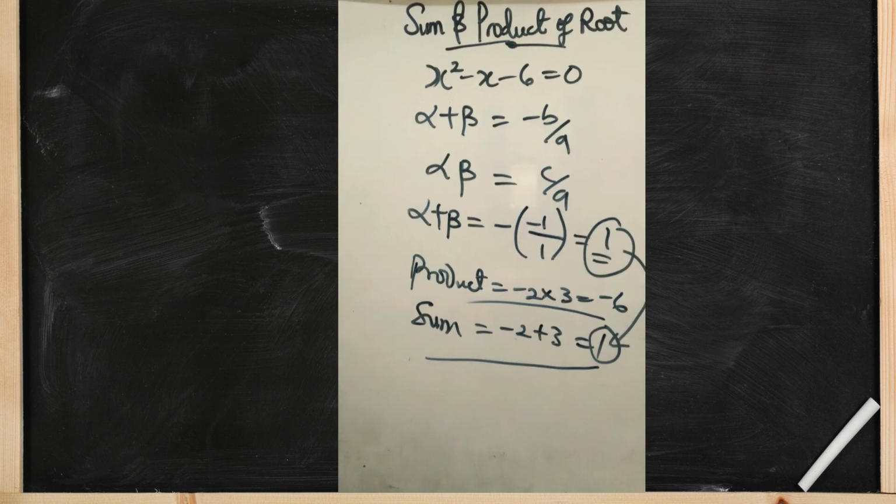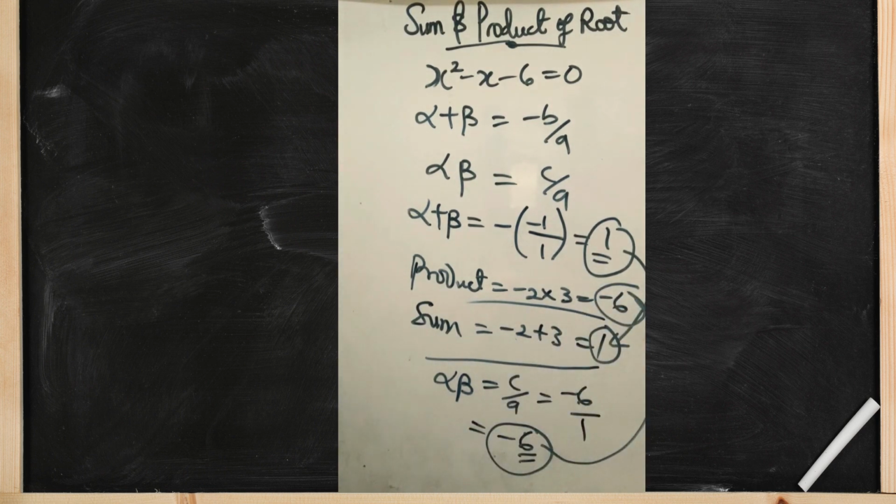Sum of roots. Now for us to solve for the product of the same roots, we now have alpha beta equals c over a. If alpha beta equals c over a, what is c? C is minus 6. What is a? A is 1. Minus 6 divided by 1 is still minus 6.